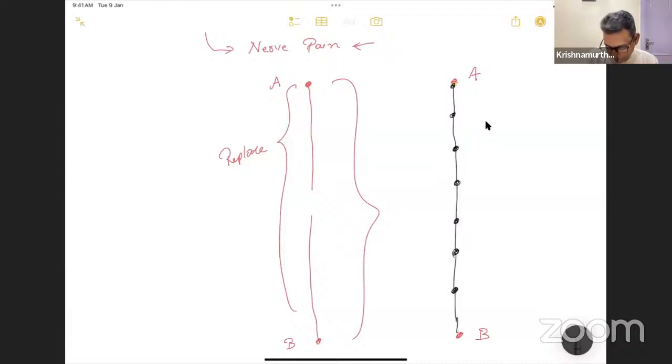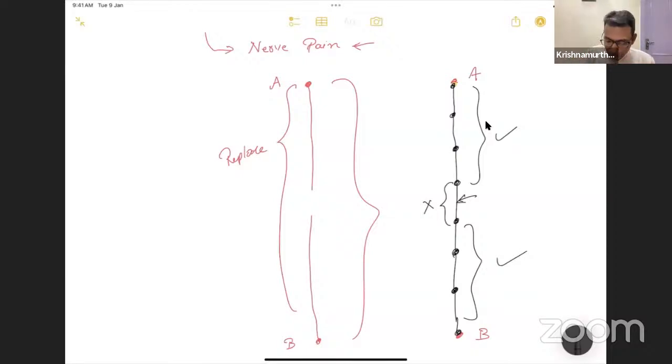If something goes wrong in this, I have to replace only this. The other things will stay as they are. Efficient way of doing things, right?